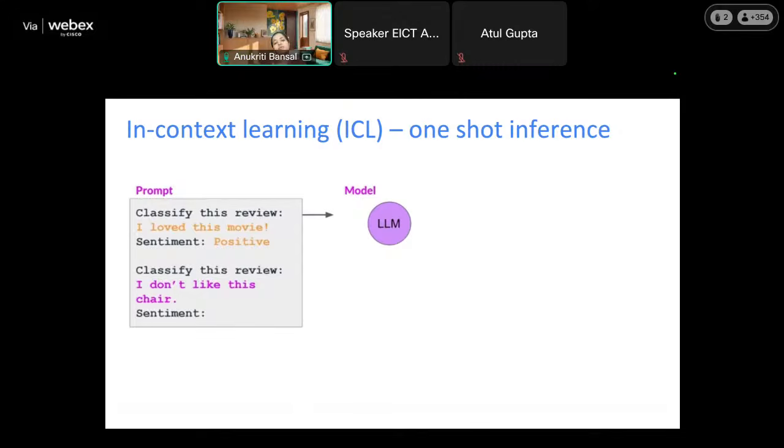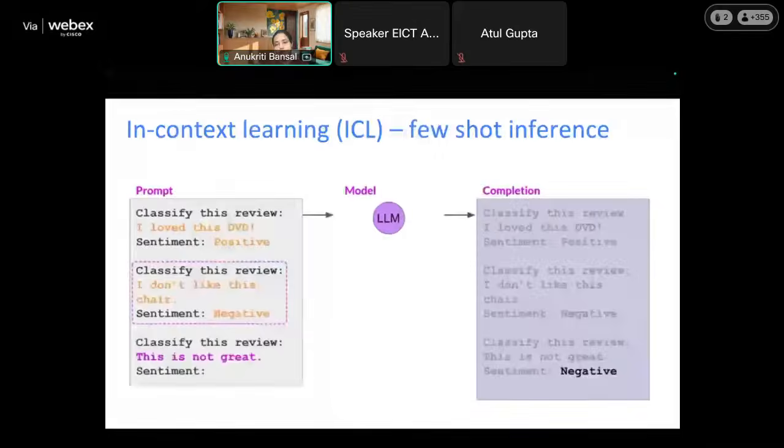It just wants positive, negative kinds of sentiments. So using one example, it can generate the response. This is called one shot inference. Similarly, instead of one example, if I provide multiple examples to my model in the prompt, it is called few shot inference.